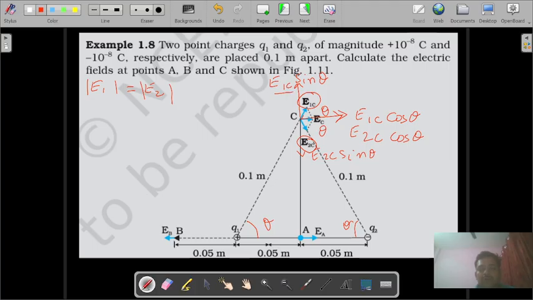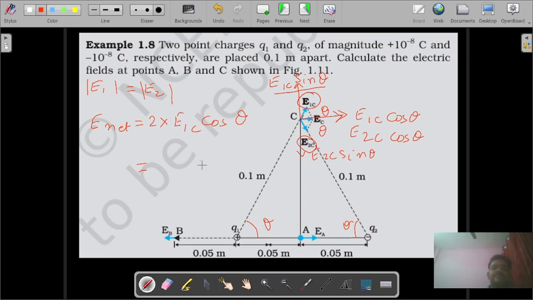The two components, E1C sin theta and E2C sin theta, have the same magnitude, so they cancel out each other and you have the resultant along the x-axis only. So the net electric field over here, E net, we can write as 2 times E1C cos theta.